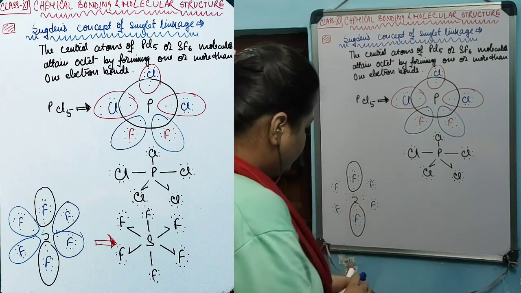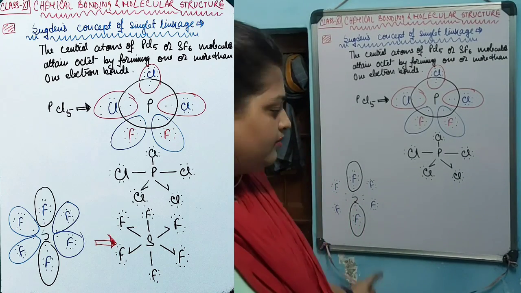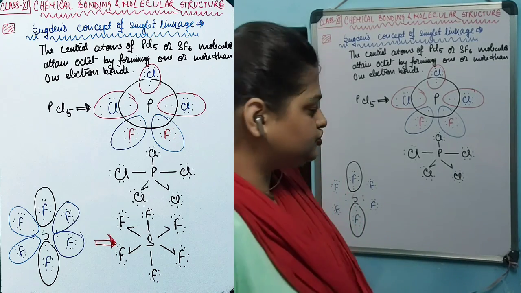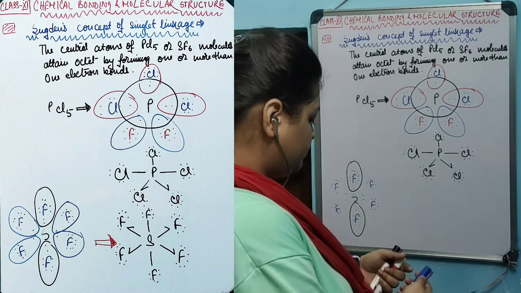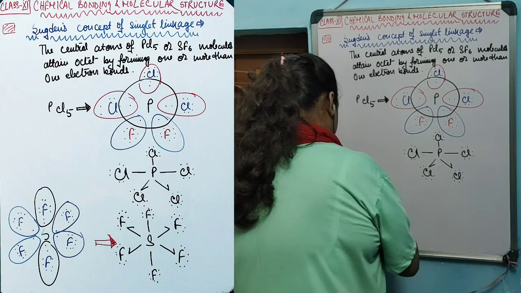Whereas the remaining 4 fluorines will not share any electron, but sulfur will share 1 electron to each fluorine atom, and thus form a single-electron bond, singlet linkage.